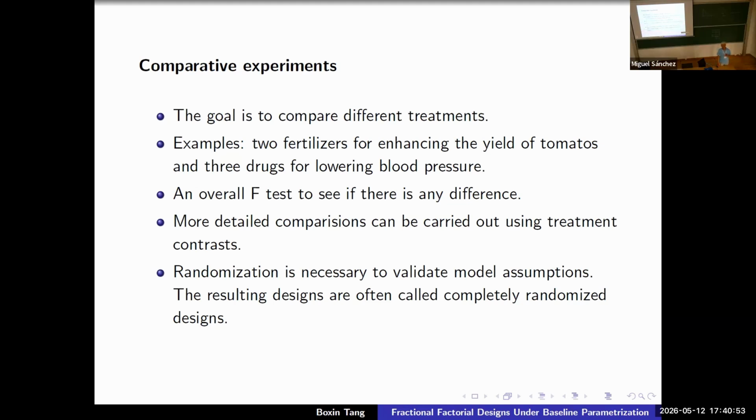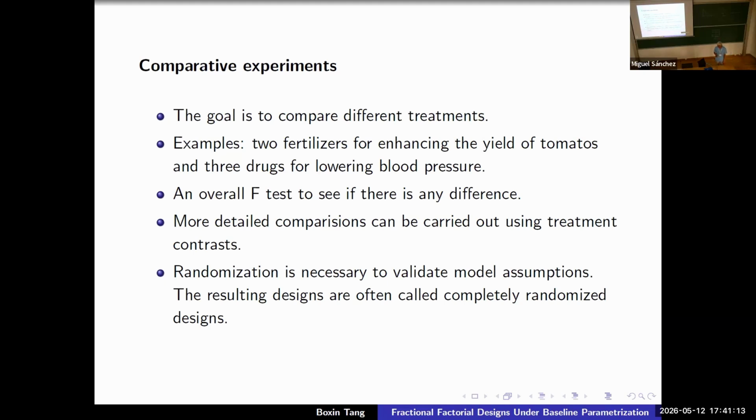The difference in the experimental units can be regarded as noise. The difference in the treatments is the signal. All right, but because of the difference in the experimental units, the noise comes in with the difference in the treatment.